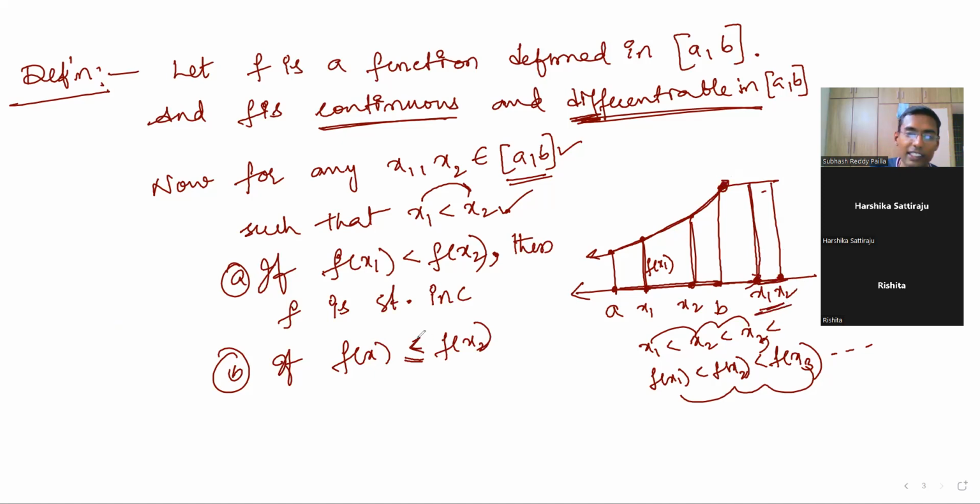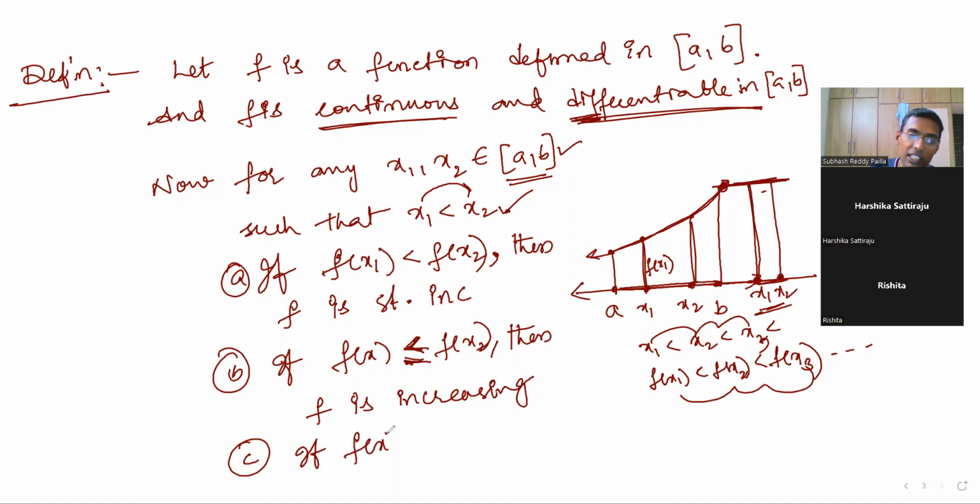Only either less than or equal is there. Then what we say? Then f is monotonically increasing. In your book it is there only as increasing. Either less than you get or equal you get, less than or equal you get. So it is increasing.